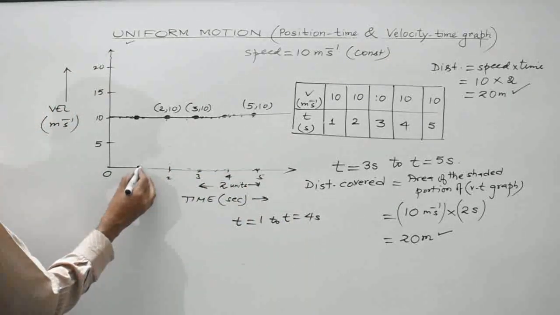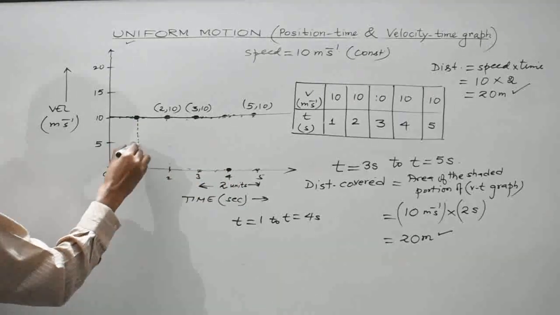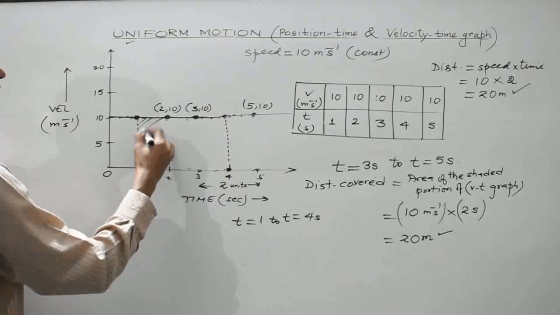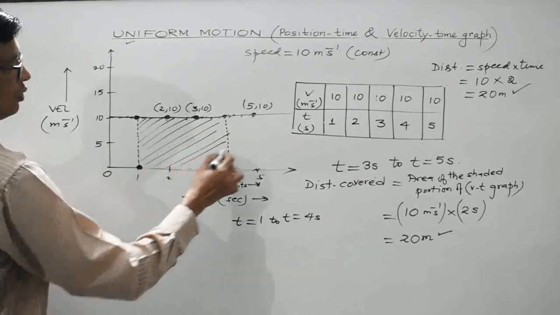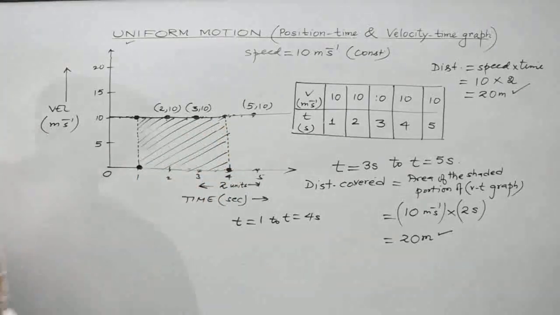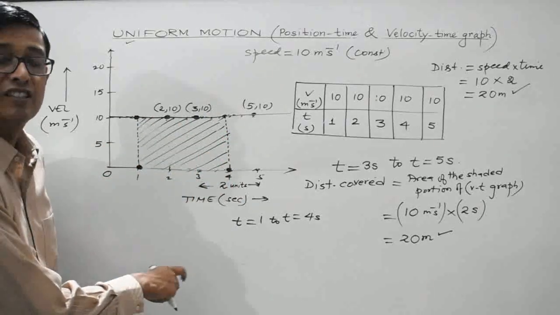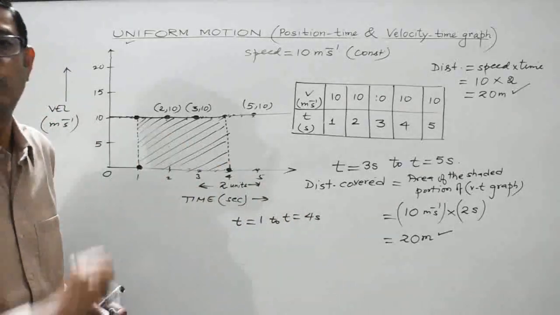This is t equals to 1, this is t equals to 4. So this is the shaded portion whose area is to be found. And the area of this portion will give the distance covered by the body between t equals to 1 to t equals to 4 seconds.